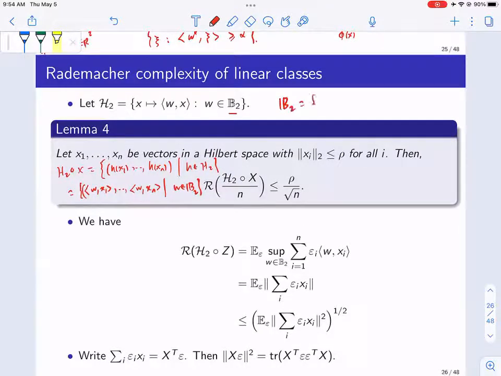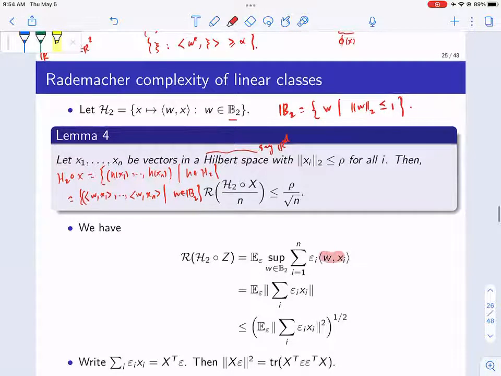This notation is the set of all W in the Hilbert space, let's say R^d, such that the L2 norm is bounded by 1. If you recall, this is the definition of the Rademacher complexity, and then the 1 over n just comes out.